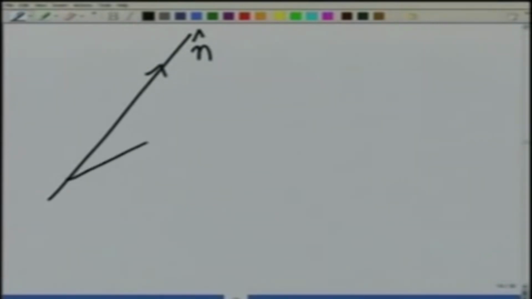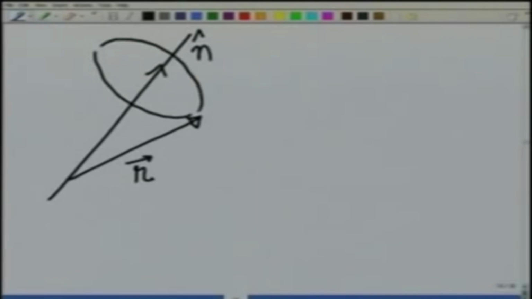Let there be a vector r, although I am writing it for r, r could be any general vector, and let this vector r rotate about this axis like this, so that after an infinitesimal rotation about this axis, this new position is here. It has rotated by an angle delta theta about the axis n. How much is this change?